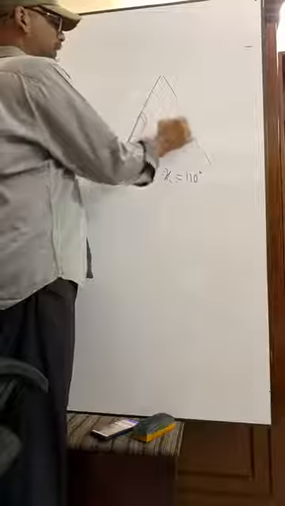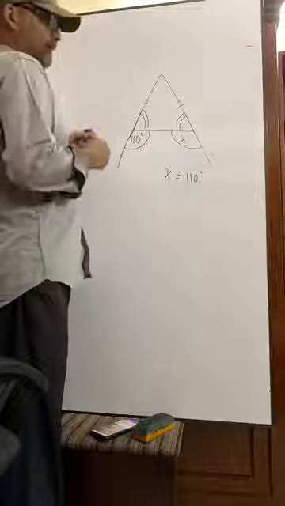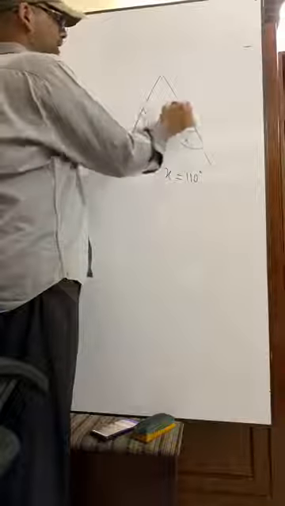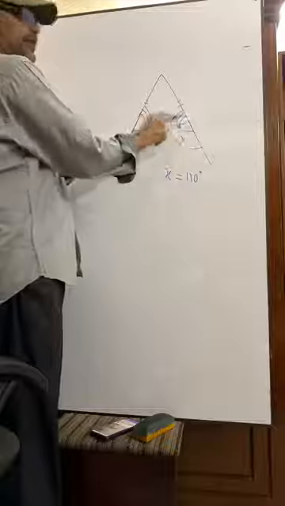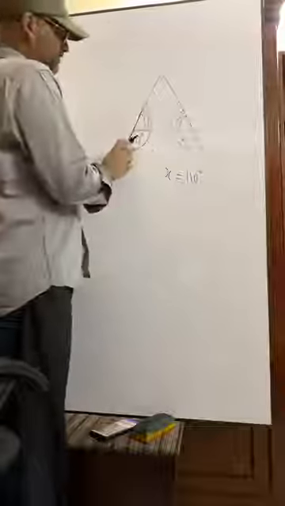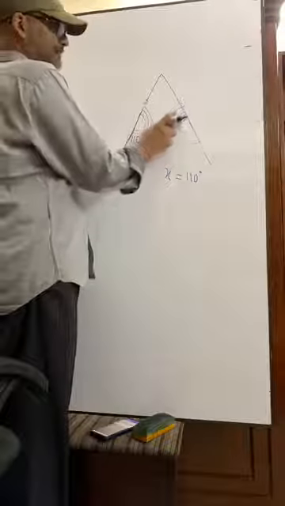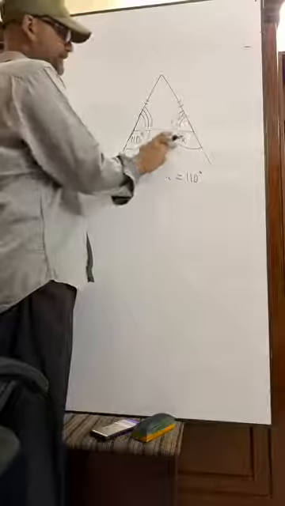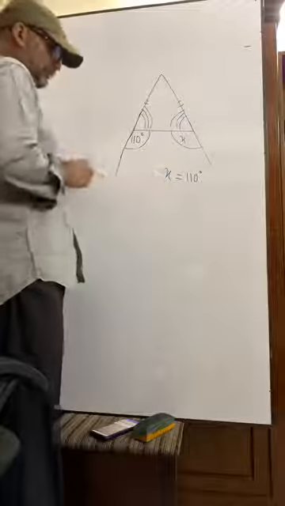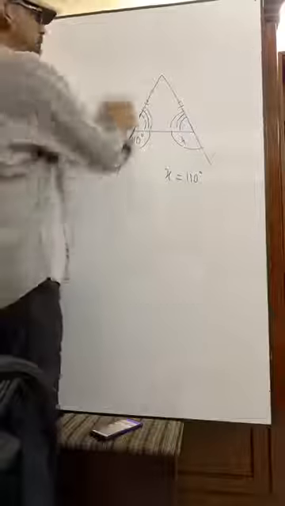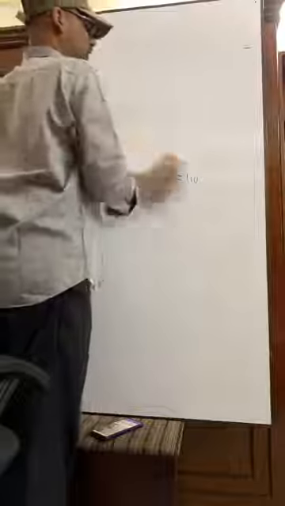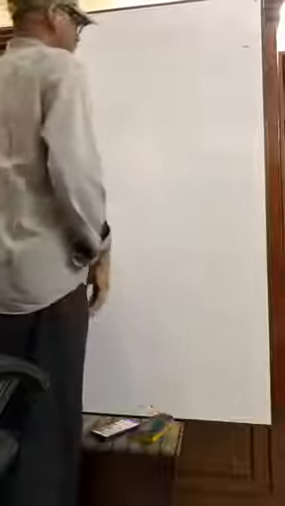So each supplementary angle and each supplementary angle are equal. That means this angle and this angle are equal.